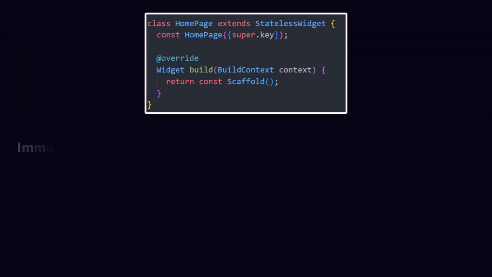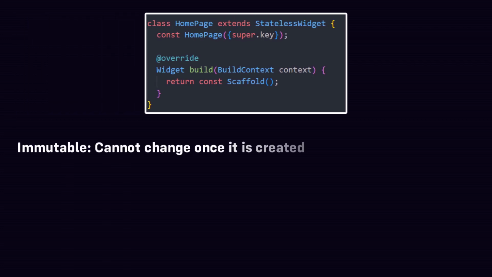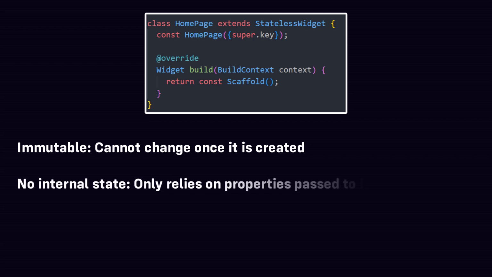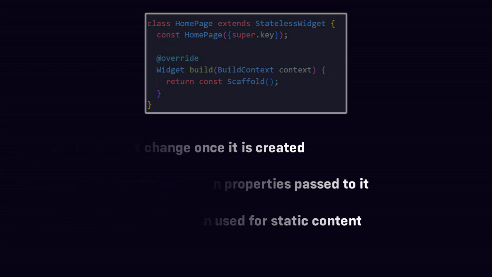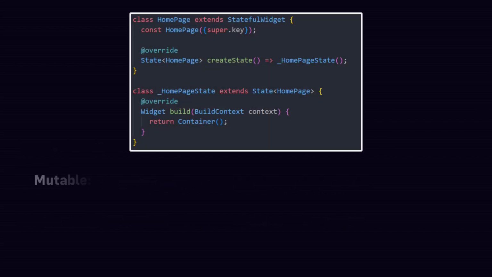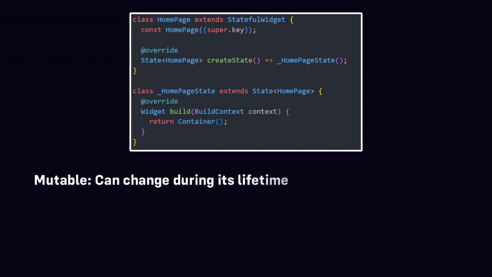A stateless widget is immutable, meaning that once it is built, it cannot change. This widget does not maintain any state. It simply renders a UI based on the properties it is given. A stateful widget can change during its lifetime. It maintains mutable state that can be modified based on user interactions or other factors.